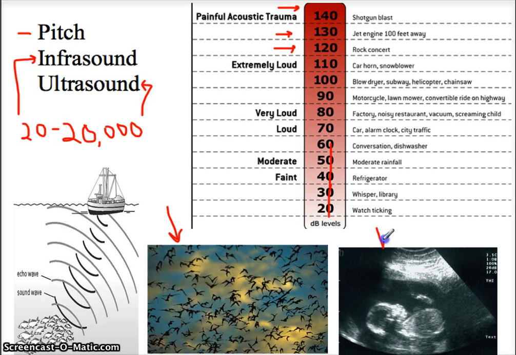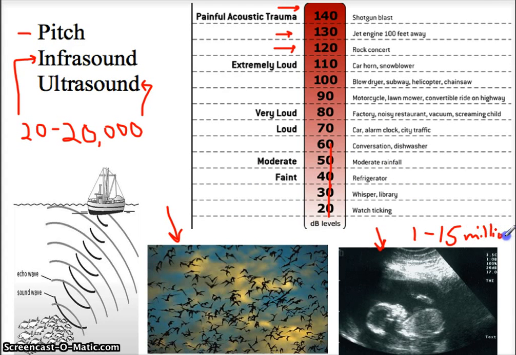Also, sonograms are used to create computer images of babies in the womb. They're also sound waves. These sonograms use frequencies of around 1 million hertz, even up to 15 million hertz. And that's an incredible frequency.